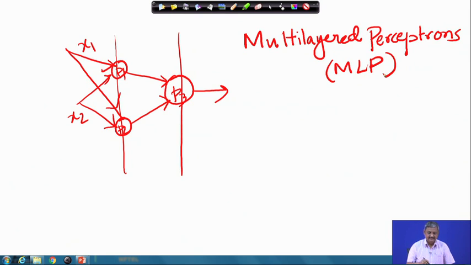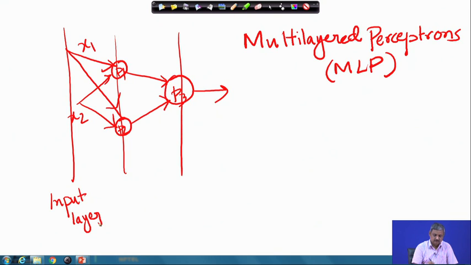The terminology is like this: the first inputs are called the input layer, the second level perceptrons are called the hidden layer, and the output is called the output layer.